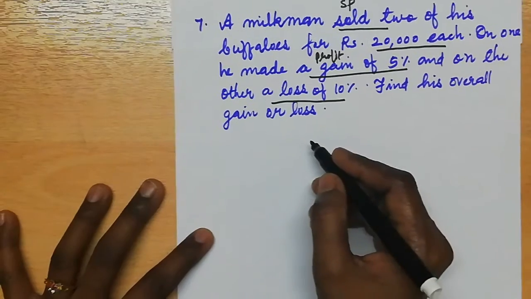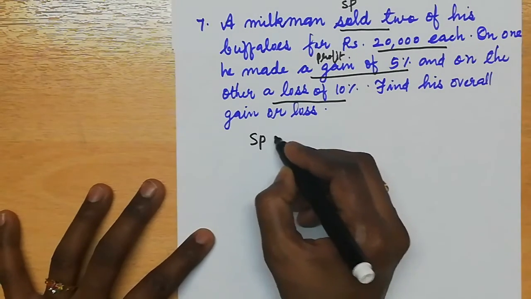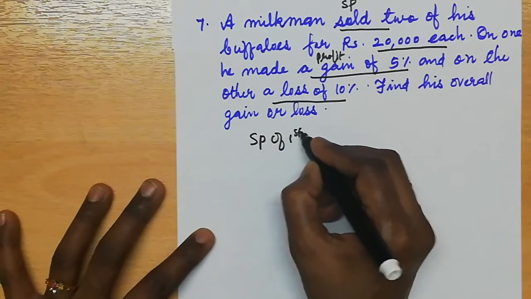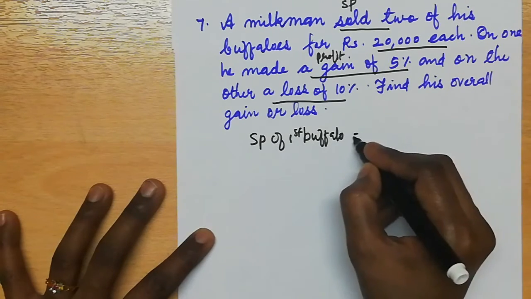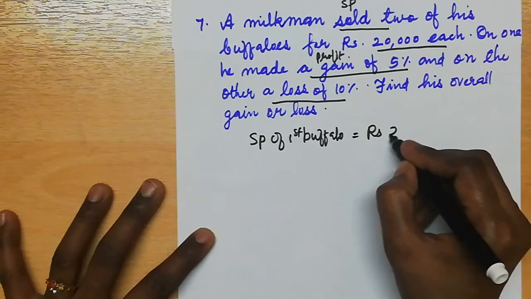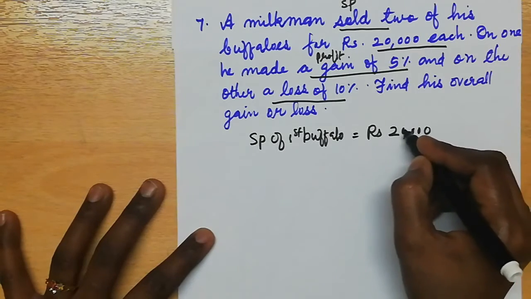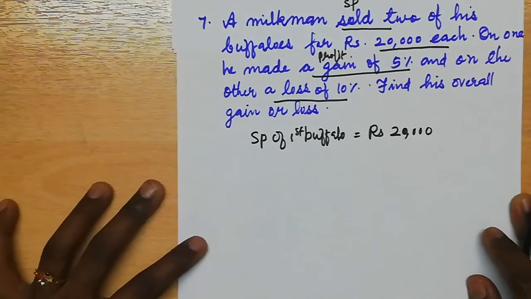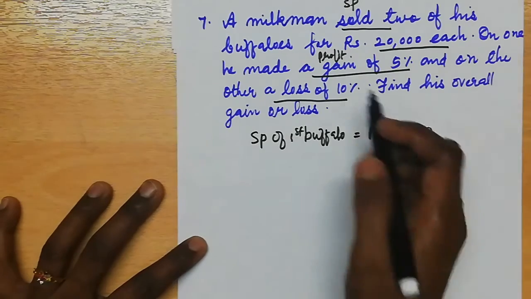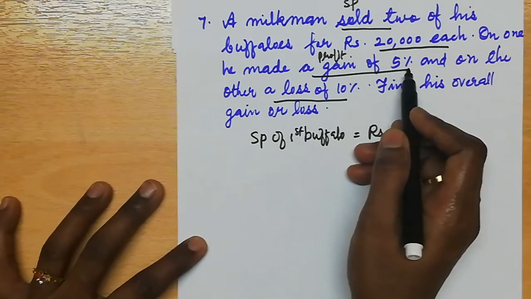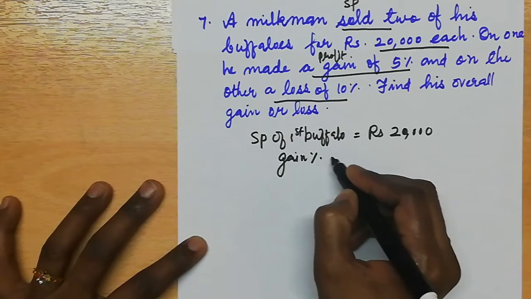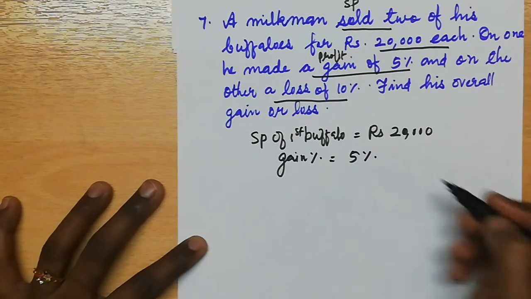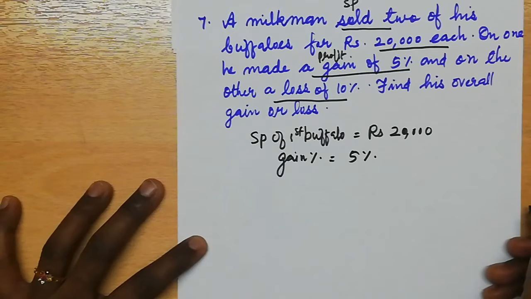So we will write the selling price of the first buffalo is equal to rupees 20,000. Then on one he made a gain of 5%. That is the gain percentage. Gain percentage is how much? 5%.